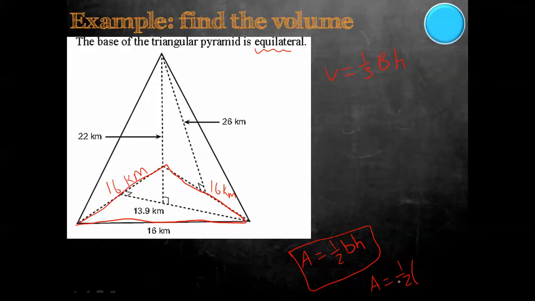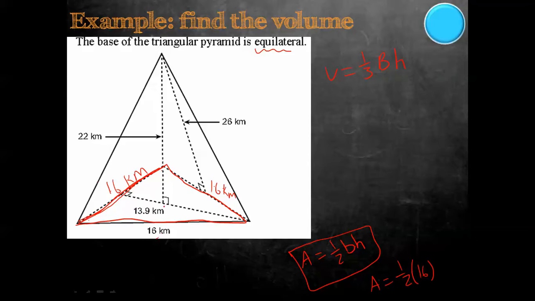Now our base is going to be the edge that is perpendicular to the height. So that would be 16. Obviously it's going to be 16 no matter what, since this is an equilateral triangle, but if this was not, then you would have to use this edge. If you had all different numbers right here, you would have to use this edge as the base of your triangle.